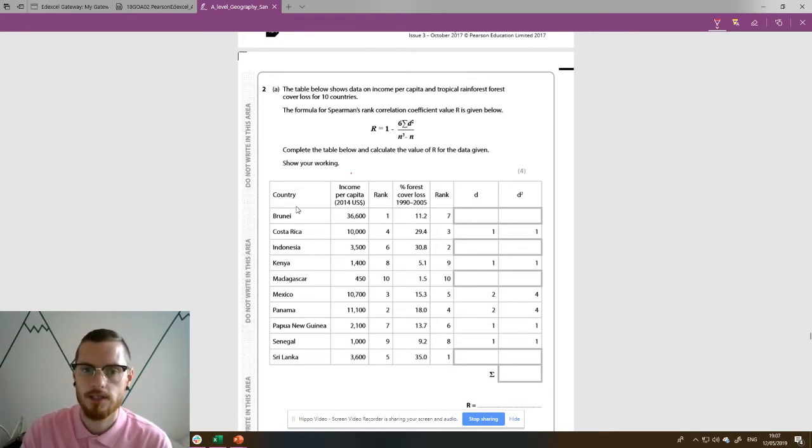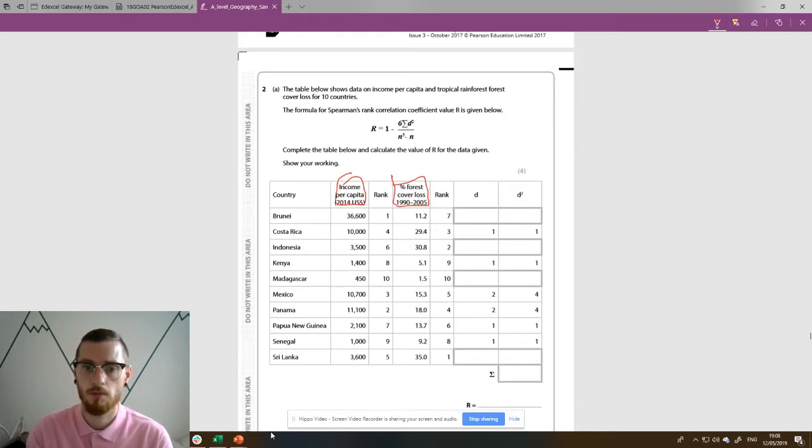And if we looked here, we'd see that we've got income per capita for 1 year, 2014, okay, and we are comparing it against percentage forest cover between 1990 and 2005. So there's something that you would look at the reliability of, in that we're comparing 1 year against 15 years.